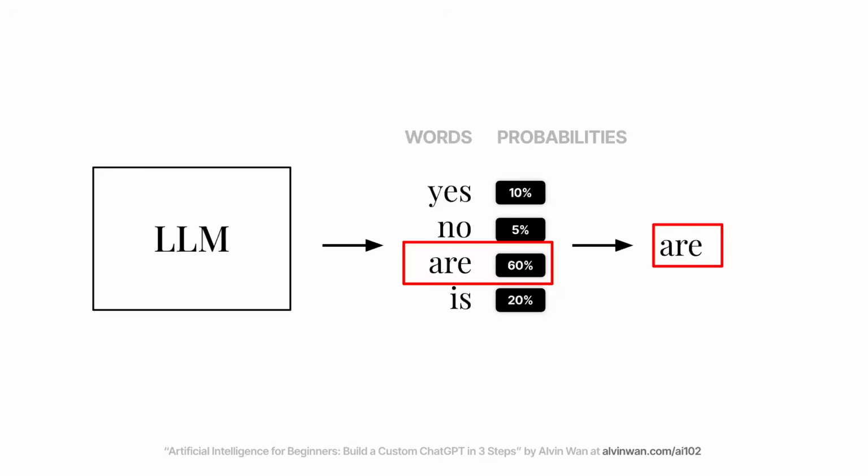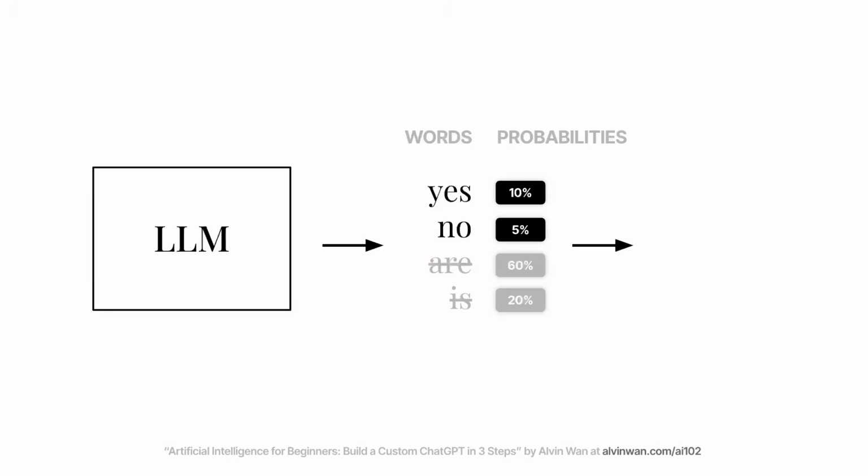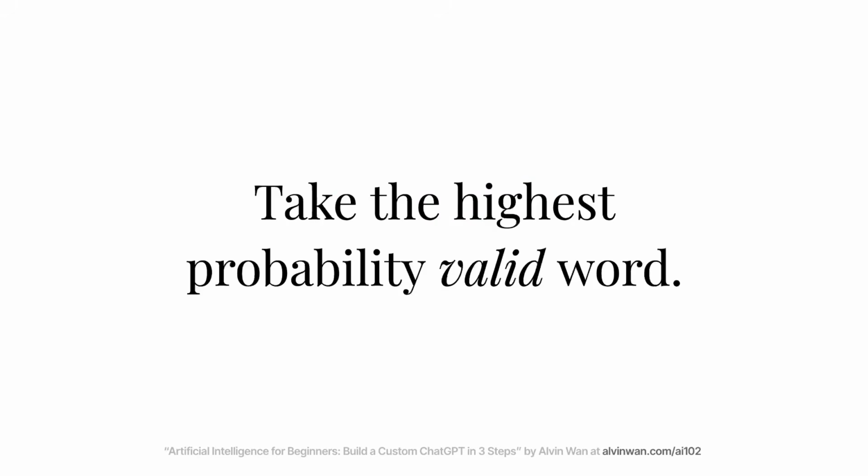This is how the LLM predicts normally, but our goal is to output only yes or no, so let's make some changes. First, disregard all other words. Consider only yes or no, and we now take the higher probability, 10%, which corresponds to yes. Finally, we output yes. And with that, we've successfully constrained our LLM to output only yes or no, taking the highest probability valid word.